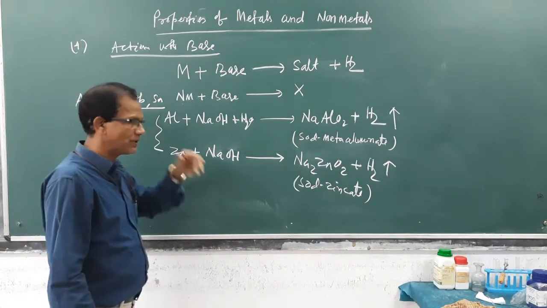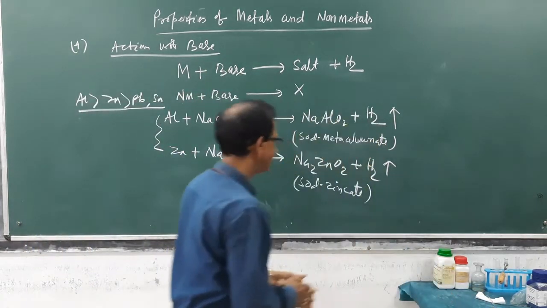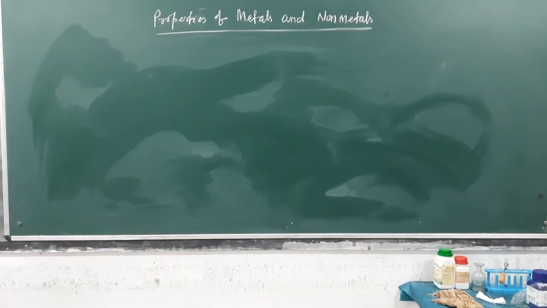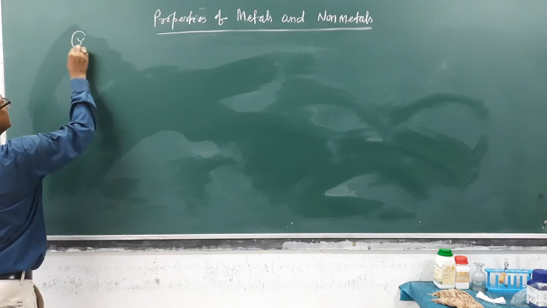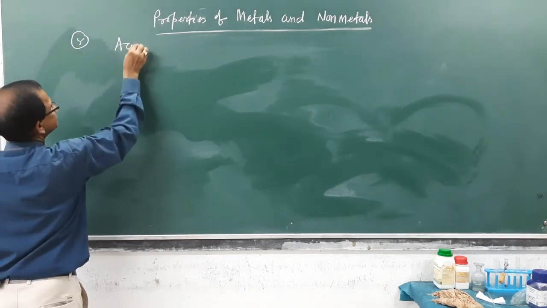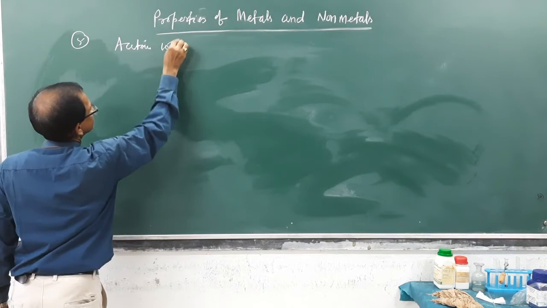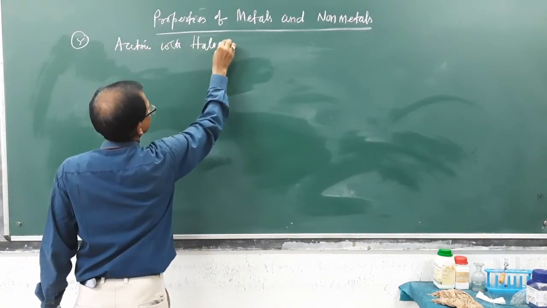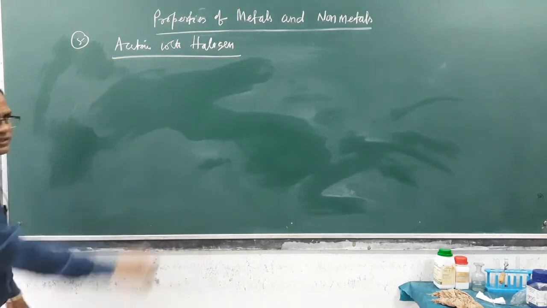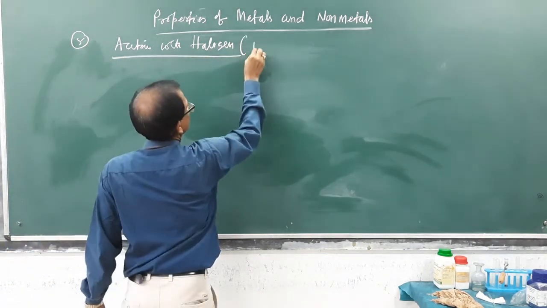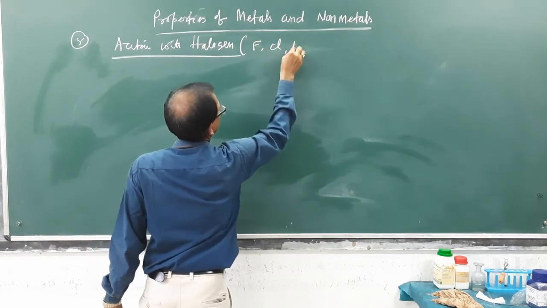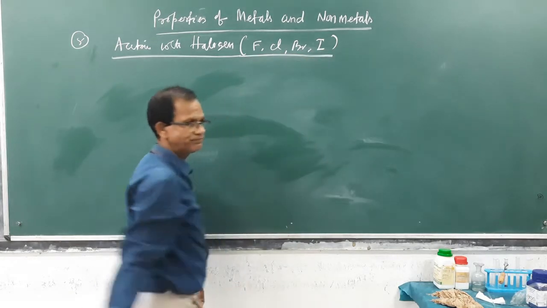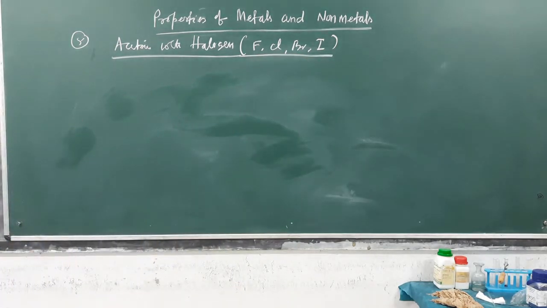Okay? So next properties, that is action with halogen. What are the halogens? Fluorine, chlorine, bromine, iodine. These are called halogens. The name of the group is halogen.